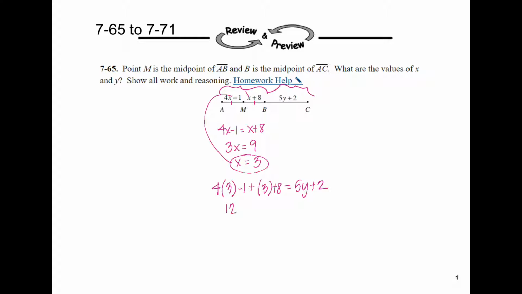We combine our like terms following our order of operations, so we get 22 is equal to 5y plus 2. Inverse operations is to subtract our 2. Inverse of multiplication is division, so we get y is equal to 4.